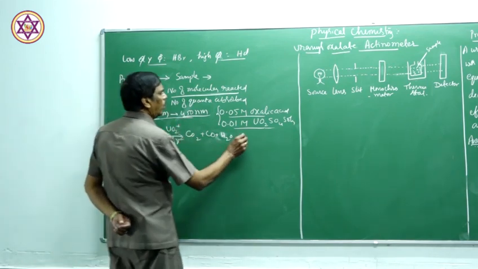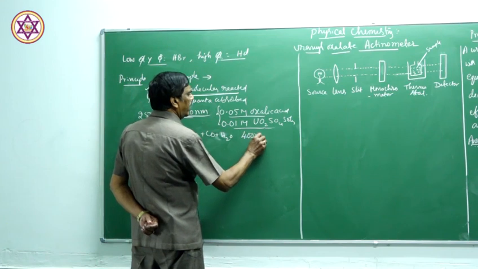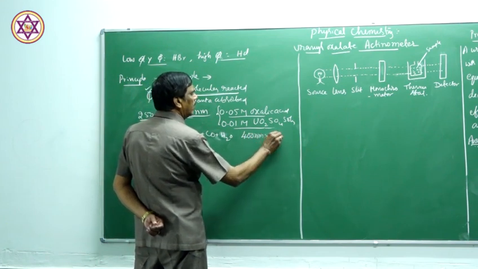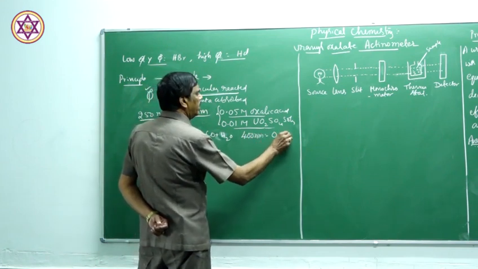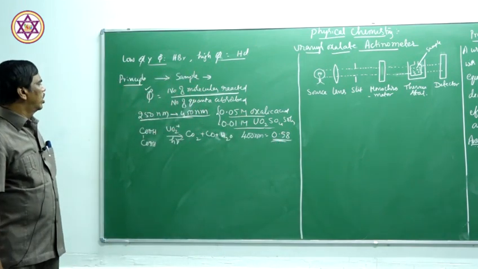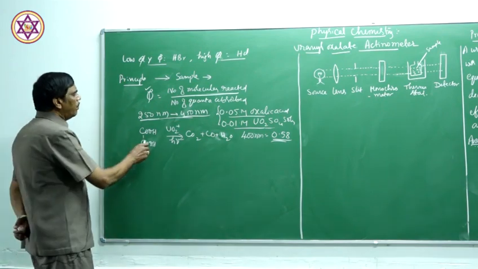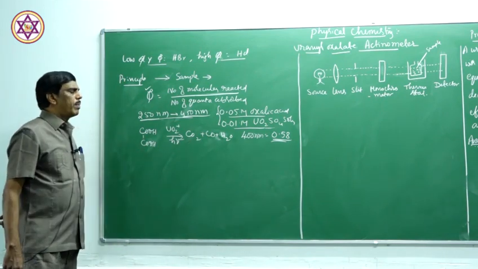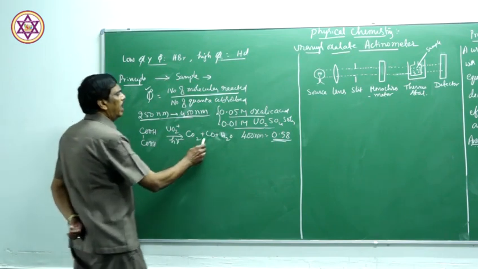Usually if you use 400 nanometers, the quantum efficiency of this solution is found to be 0.58. So decomposition of oxalic acid takes place to form carbon dioxide, carbon monoxide and water.